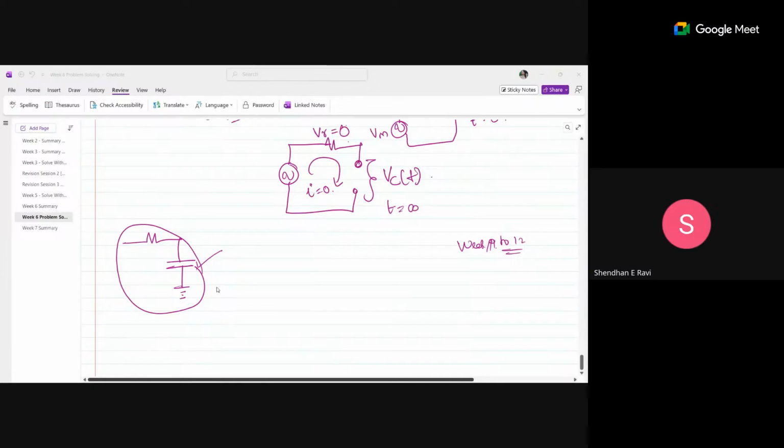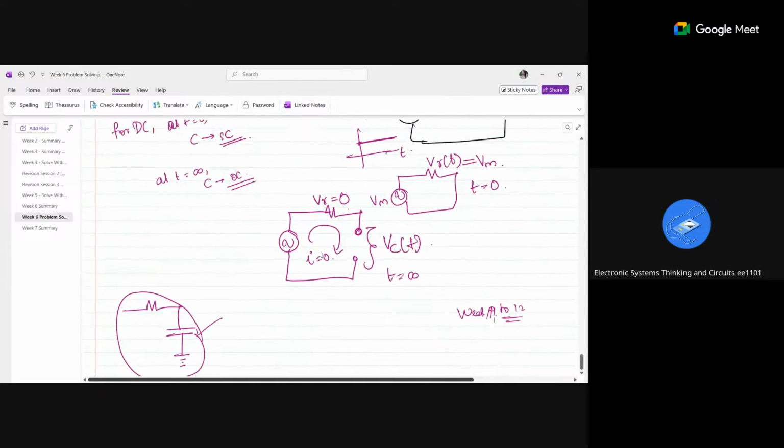Ma'am, if the voltage across the resistor is 0 at infinity, won't it be the same as the resistor itself being an open circuit? Why isn't it the same? See, there is a resistor there, no current is flowing, and no voltage drop across it either.